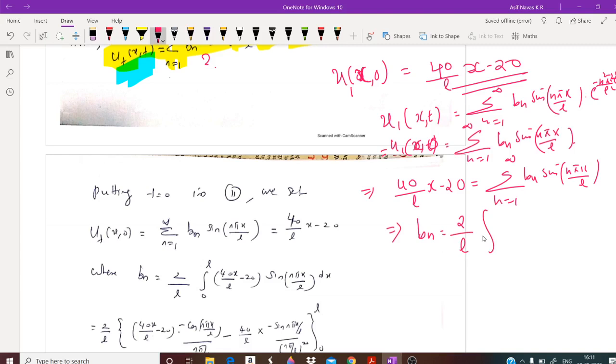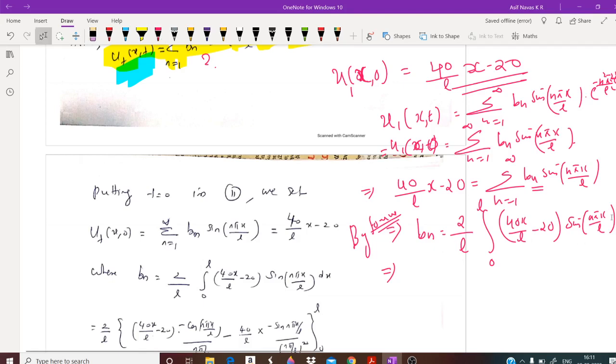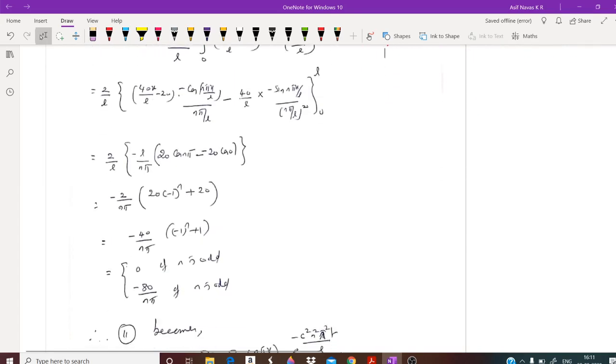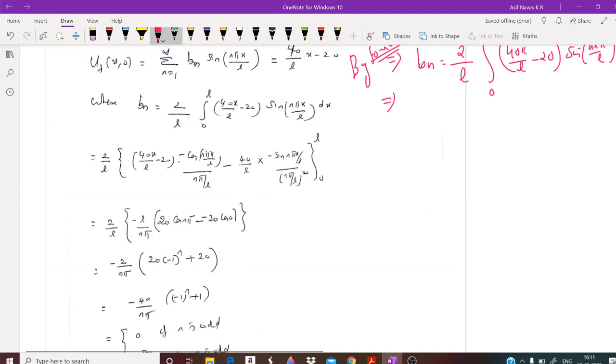That is by Fourier formula, because this is a half range Fourier series. So here Bn will be, by Fourier formula, 2 by L integral 0 to L of 40 x by L minus 20 into sin n pi x by L. I'm not doing the integration.